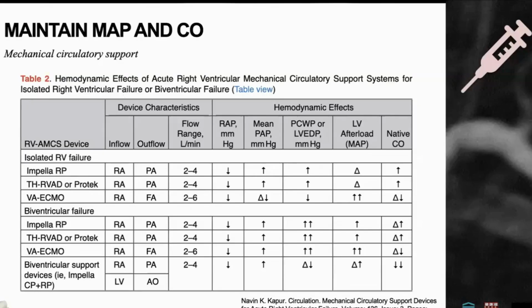If their LV is failing, they need something that supports both the RV and the LV, right? So you need to know which side of the heart is in failure. If you have biventricular failure, what you want to use is VA ECMO, because these other two things will overload the left side of the heart and cause pulmonary edema.